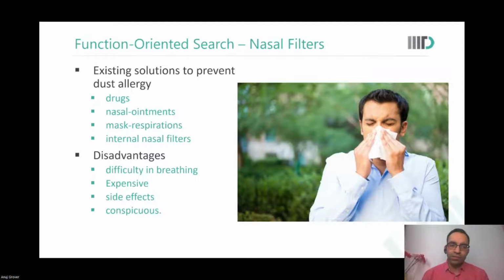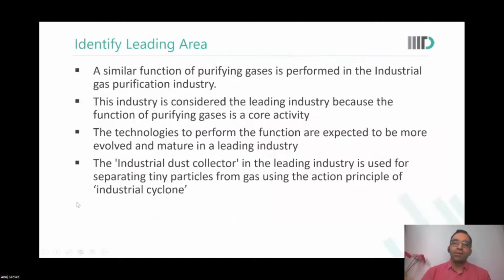How do we find a solution? So what are the other leading areas where we need to remove dust or remove stuff from air? For example, in an industrial gas purification industry, you want to purify gases.